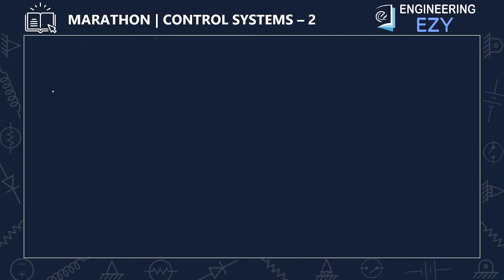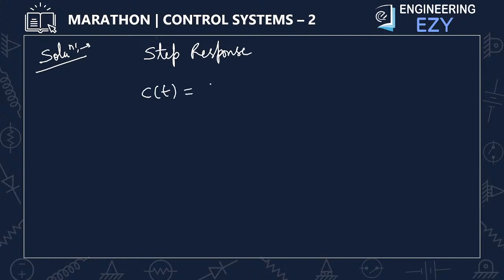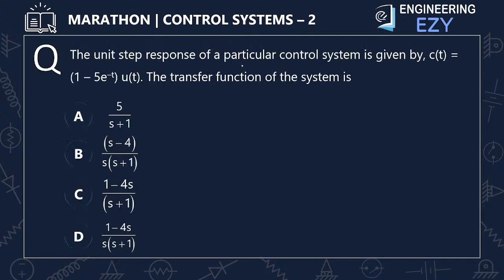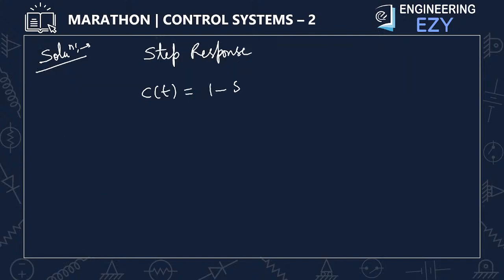So the step response c(t) is 1 minus 5e to the power minus t, u(t). What is C(s)?